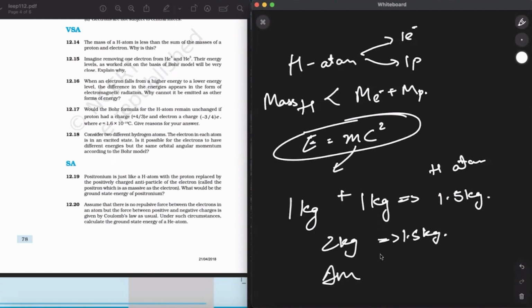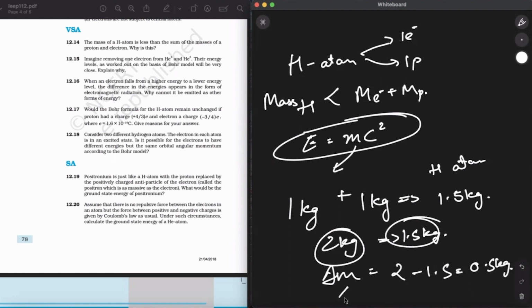That is written as delta M. Now, what is this mass defect? What should have been 2 minus what actually is, 1.5, so 0.5 kg. So how much energy has been generated due to this mass defect? Delta M c square will be 0.5 kg into c square.